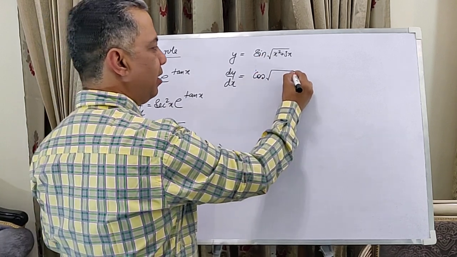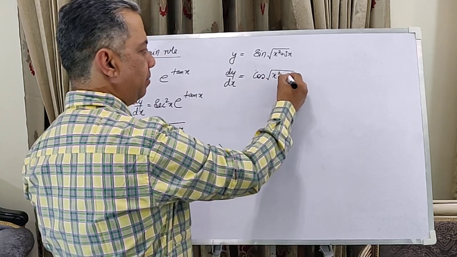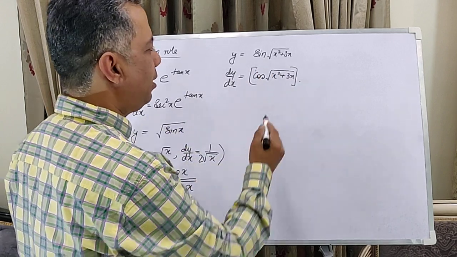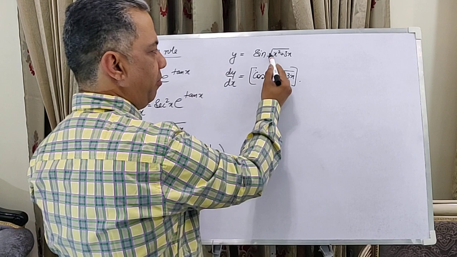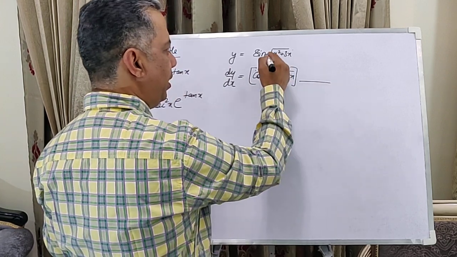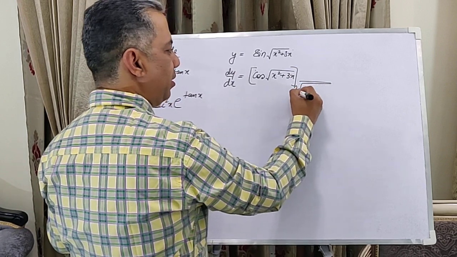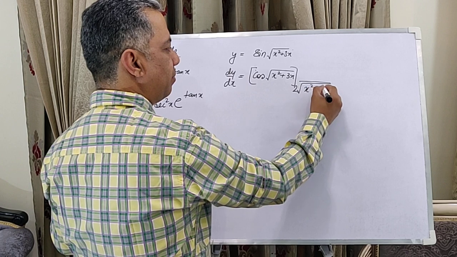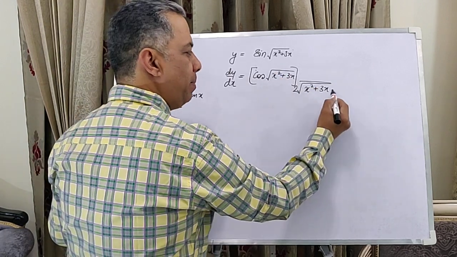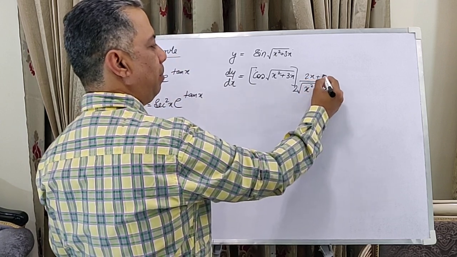The second and the third functions are left untouched. Then what you do is you multiply by the derivative of the second. Now the second function, when differentiated, gives you, it's a root, so you get something like 1 by 2 root, and then you multiply by the derivative of this function, which is 2x plus 3.